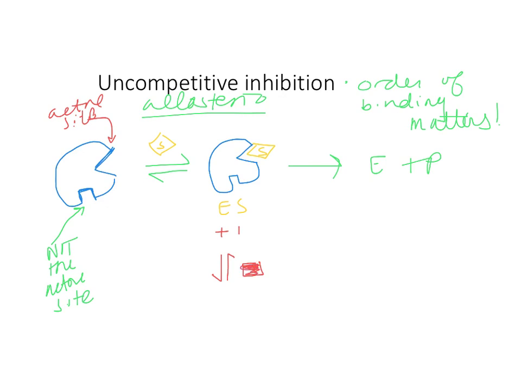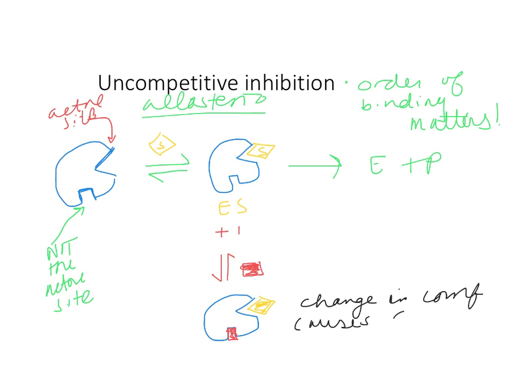This will be my inhibitor. And what happens is there is a change in conformation, this is the allosteric part, that causes E to bind really tightly to S. And I'm just going to write clamp down on substrate.